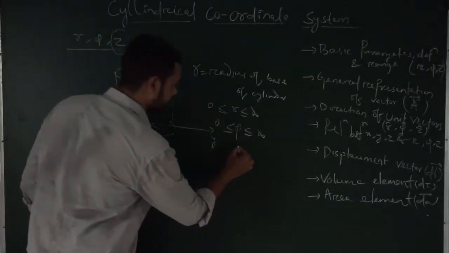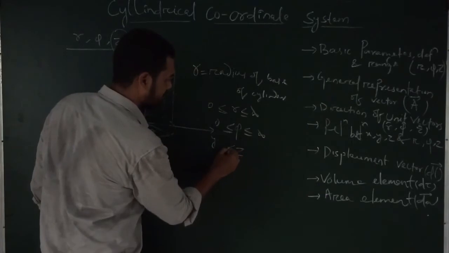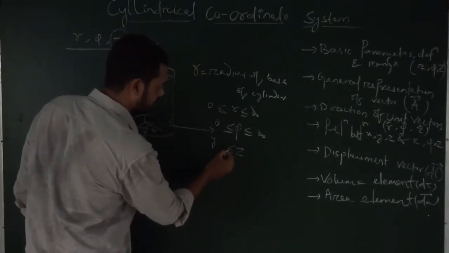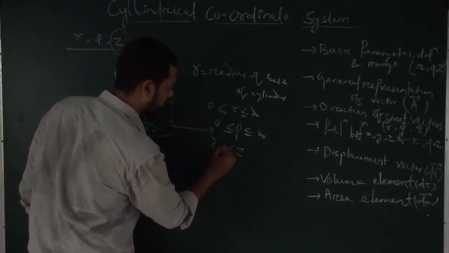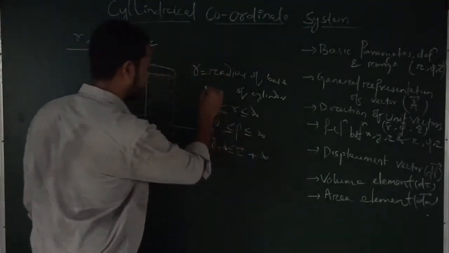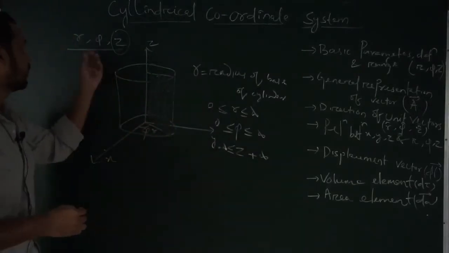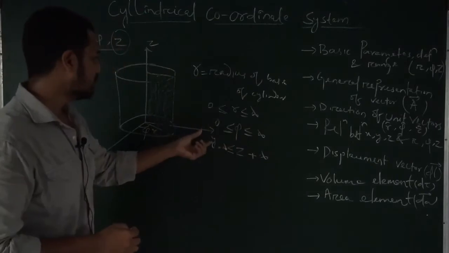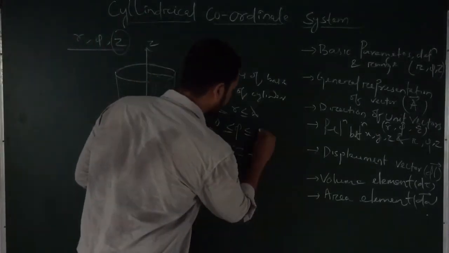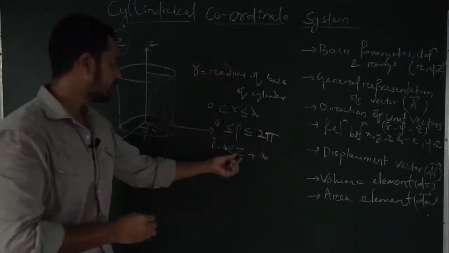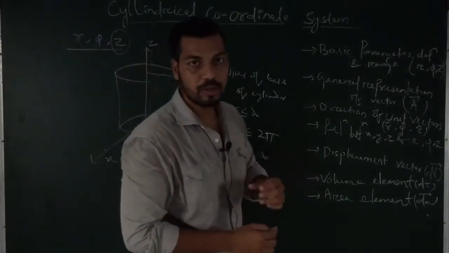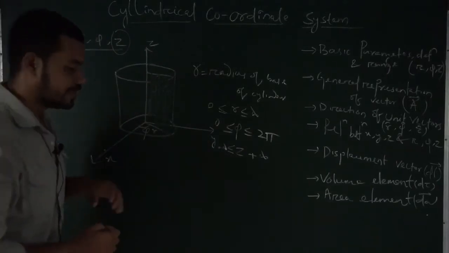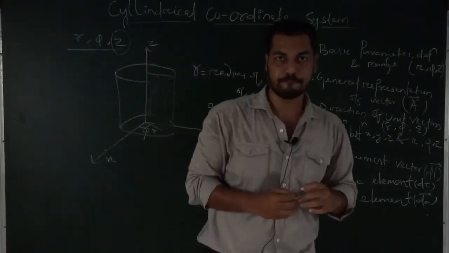Similarly for the z axis, which is similar to the Cartesian coordinate system, the z component has the range from minus infinity to plus infinity. So the range of r is 0 to infinity, range of phi is 0 to 2 pi, and the range of z is minus infinity to plus infinity. Okay, so let's go for the general representation of a vector A.